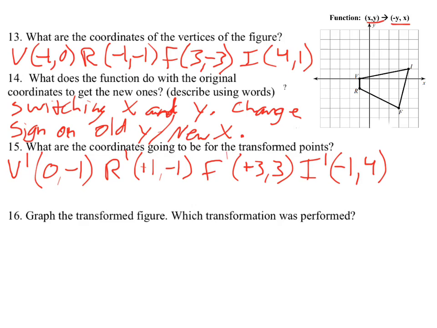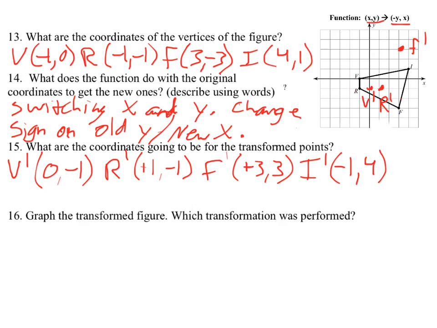V is going to be at 0, negative 1. Oops. So there's my V prime. I'm going to put that in here. R is at 1, negative 1. There's that one. F is at 3, 3.